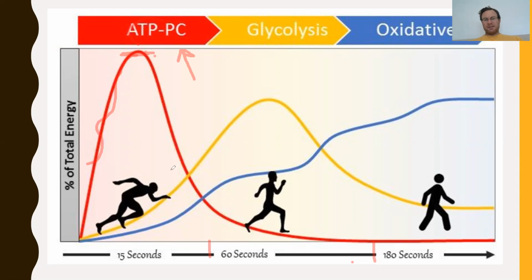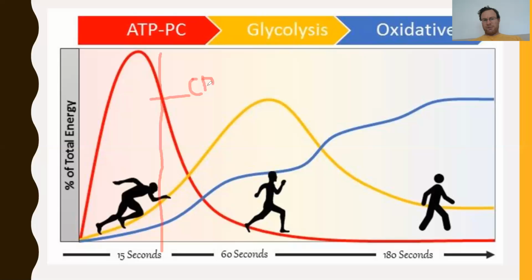If we keep exercising, if we keep sprinting to keep going, the lactic acid or the lactate system has to start kicking in. So if you imagine, let's say I was running and I'd been running for about 10 seconds. Looking at that, this is my creatine phosphate.